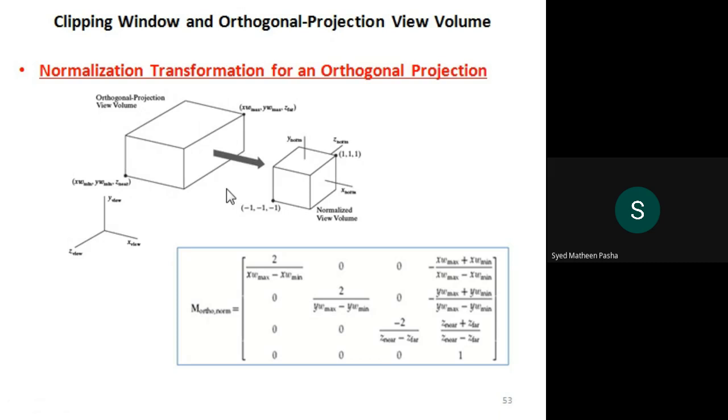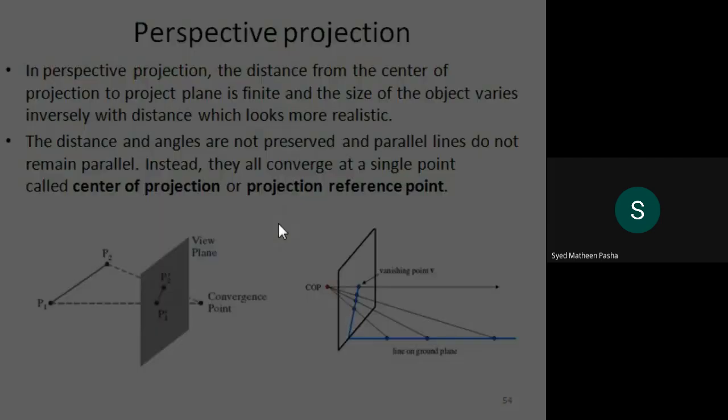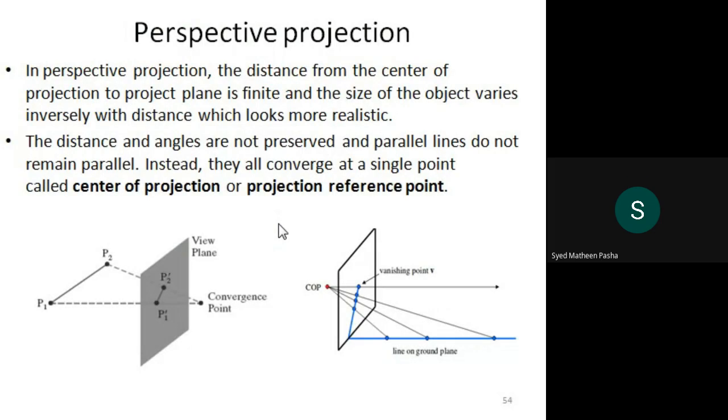How is the normalized view volume done? First, the x, y as well as z planes are defined, with respect to which the consideration of the point is done. Simultaneously, the mathematical representation with matrices is done, where each object's x maximum as well as x minimum is taken, so that the diagonal of the matrix is matched. That was all about orthogonal projection.